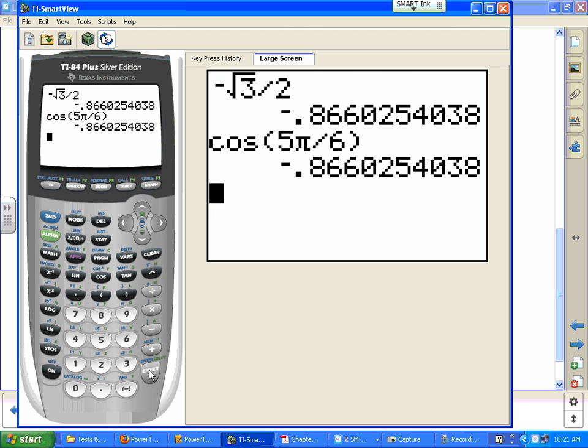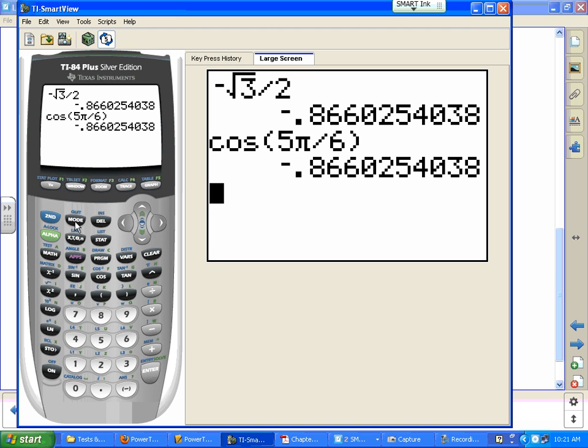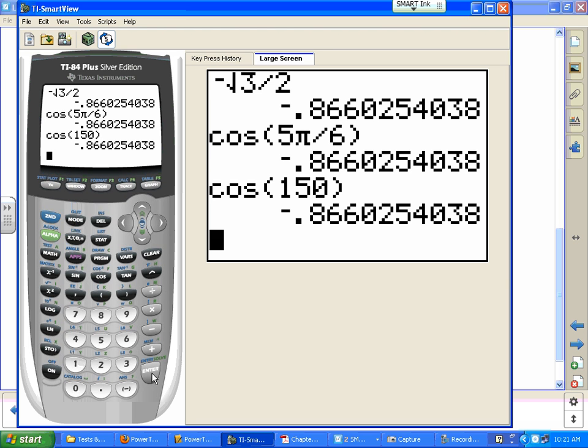I could change my mode to degrees and do the cosine of 150, and we get that same answer. When it says radians, it's talking about radians, like 5 pi over 6. When it says degrees, it's talking about degrees.